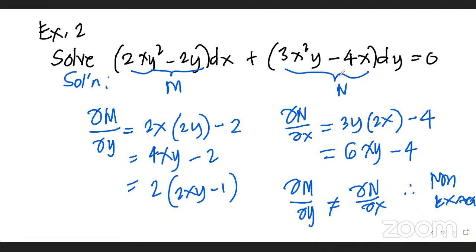Now take a look at N. May makakancel ka ba dun kapag si N yung i-divide natin? Diba? 3 and 4. Wala, diba? Pero dito sa M, tingnan ka dito. Now, if we are to factor out, anong common dito? Merong 2y, no? So 2y times, ang matitira dito, we have xy minus 1.